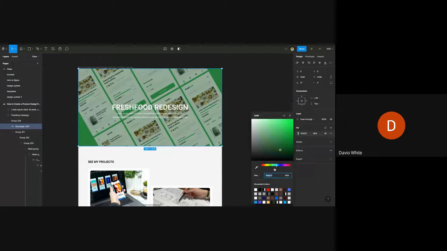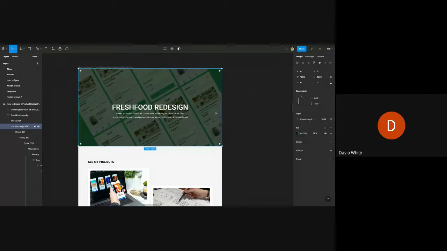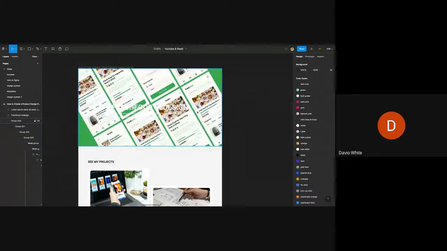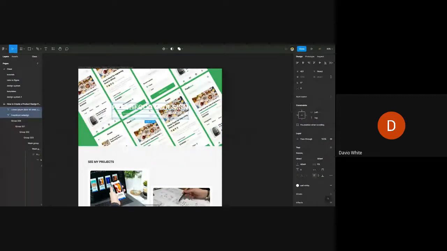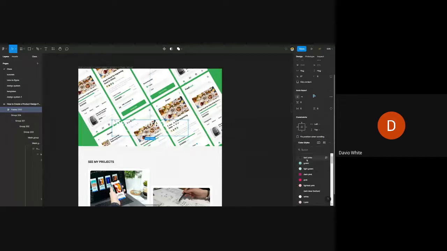So we need more of this, this stuff a bit. Oh, you know what? I don't need this. I like my design to be seen. So I'll just apply an auto layout, and I'll make that white.